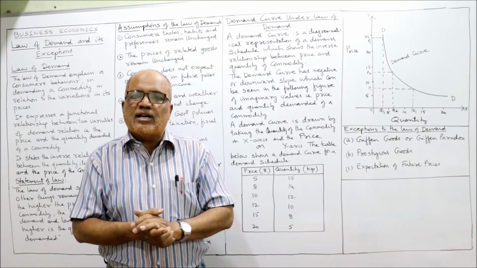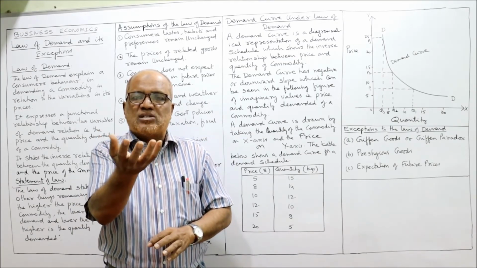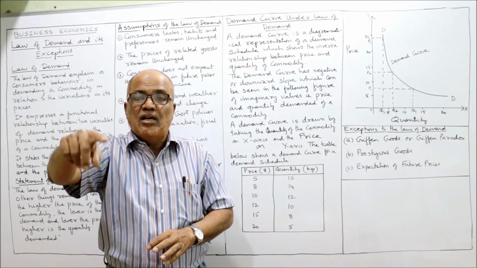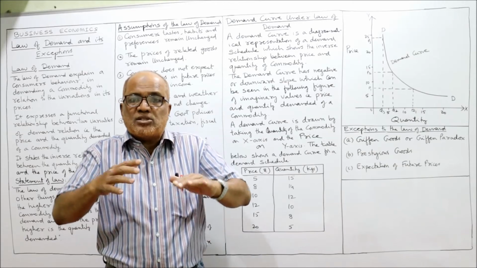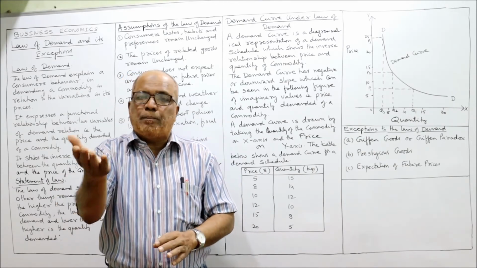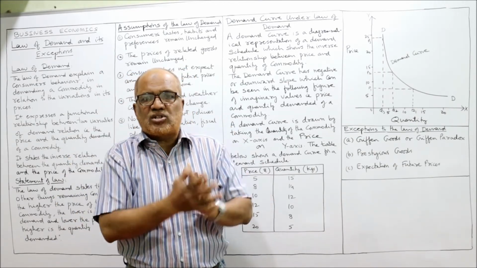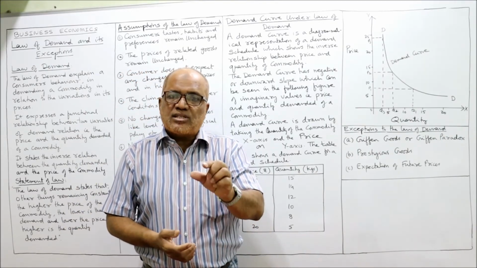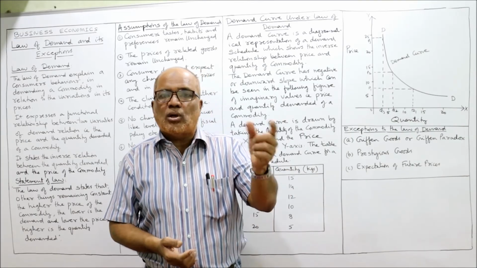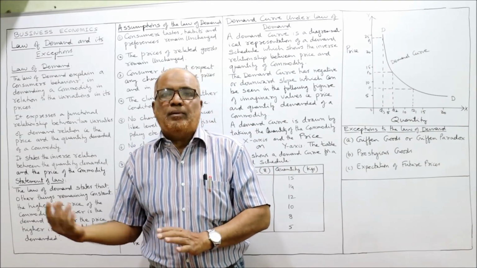Suppose a speculator expects that the share price of XYZ company is going to increase in the next few months. He will buy more and more shares right now, expecting that after a few months when the price of the share increases, I will sell the shares and earn a huge profit. So this expectation of future prices is also one of the exceptions to the law of demand.